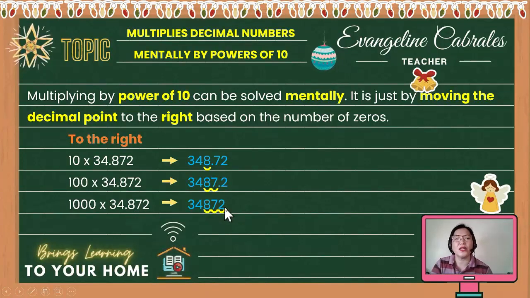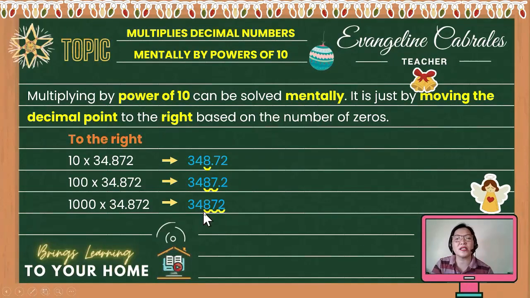Kaya siya ngayon ay nasa dulo na. O, kung mapapansin nyo, hindi na siya isinulat. Hindi na isinulat ang decimal point dahil nasa dulo na siya ng whole number. So, ganun yon ha. Kapag walang decimal number sa kanan ng whole number at ang decimal point ay nasa dulo na ng whole number, hindi na siya isinusulat.